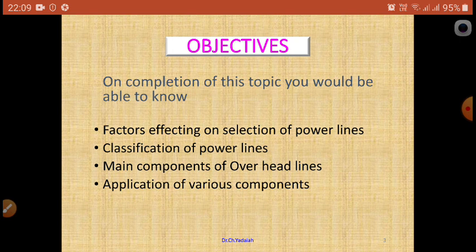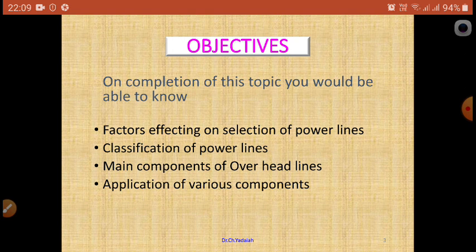Now, due to this, what is happening? Our transmission capacity also increases. The latest maximum transmission voltage in India is 765 kV. That is covered in India for nearly 3120 circuit kilometers. Previously, 400 kV was the highest transmission voltage, but now the voltage has increased from 400 kV to 765 kV.